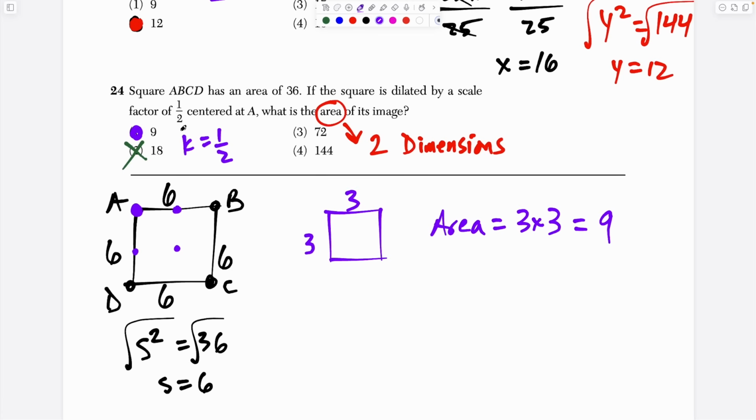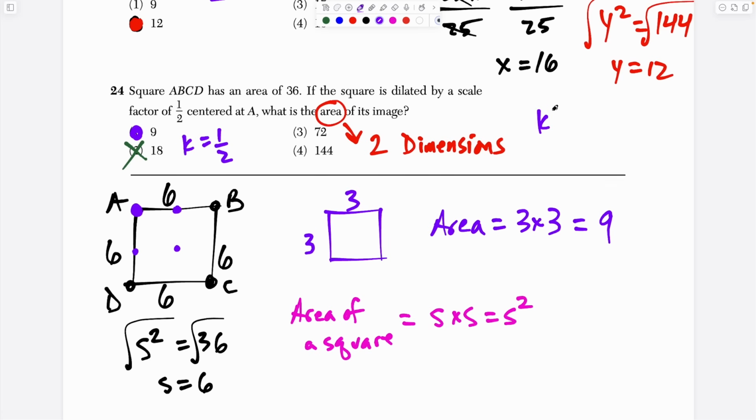Now, the reason why the area couldn't just be multiplied by 1/2 is because the area of a square is equal to S times S, or we could say S squared. So if I were to show how to involve the scale factor and get right to the area, we would have to multiply by the scale factor squared.